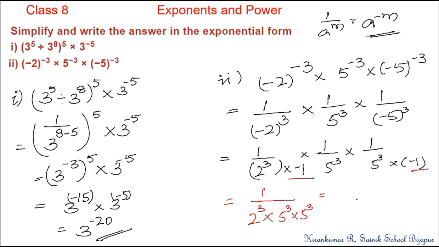Now the powers are same. So 1 upon 2 into 5 into 5 raised to the power 3. So 1 by 50 cube, or it can be written as 50 to the power minus 3.